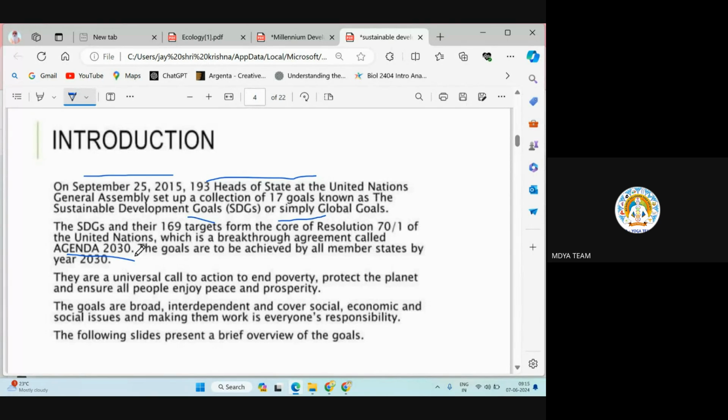These are 17 goals and 169 targets. Like sub goals were there in Millennium Development Goals, here the total sub goals are 169. You don't need to remember these 169, but you just need to remember these 17 goals.